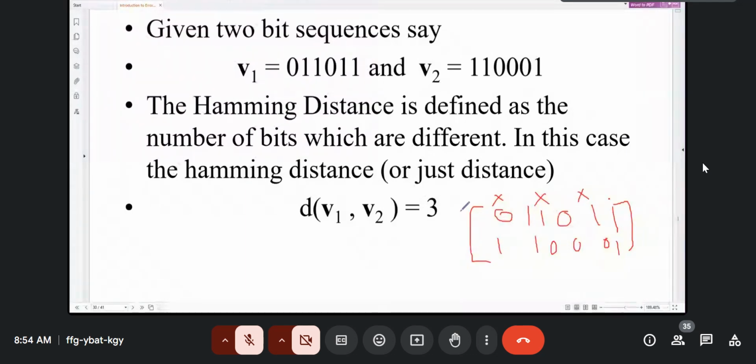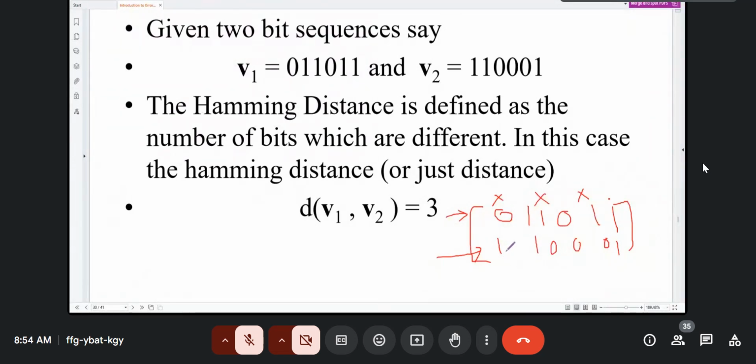And it makes a lot of sense, because the Hamming distance is very, very important. Why is it important? If you have these 2 vectors, the only way you can create this vector is by changing 3 bits.